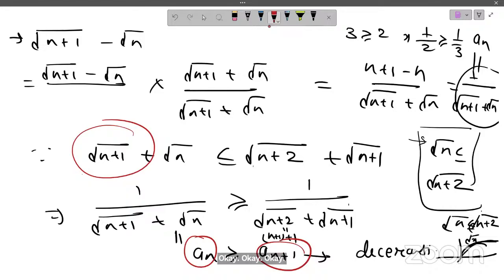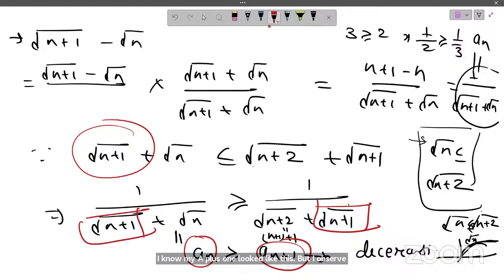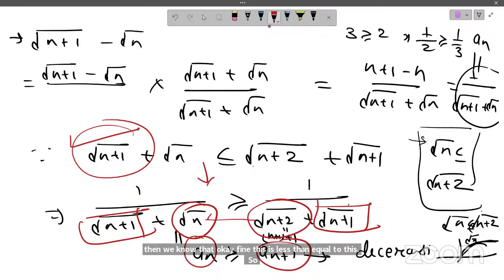But I observe here that this term and this term are common in both of the values. So the matter of fact is just root n and root n plus 2. So then we know that this is less than or equal to this. So we reach here, and from here to an, we just have to flip it down, right? So that's how we get it.